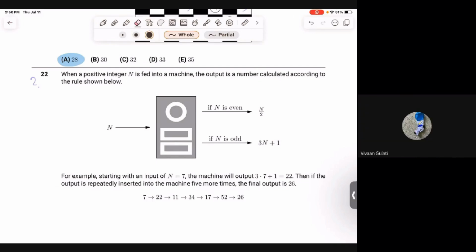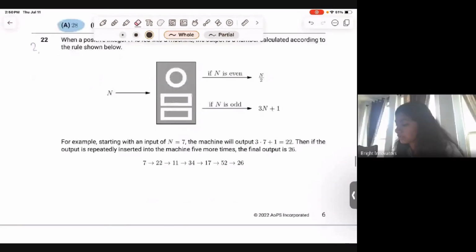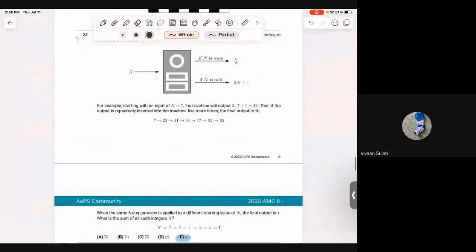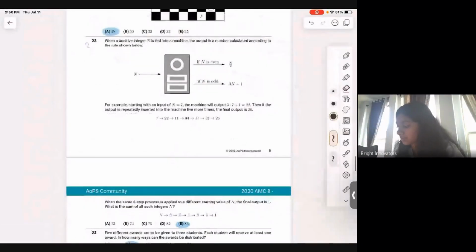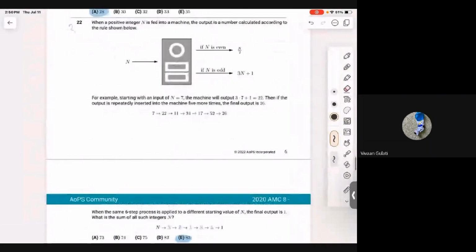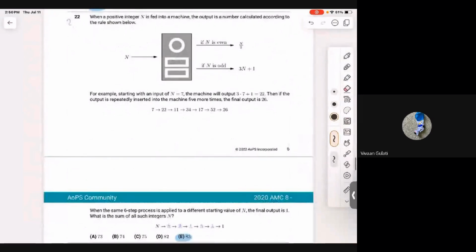Okay, 22. So you have to go backwards in steps. You want to end up with 26, right? So the next two numbers could be 52 or 13.